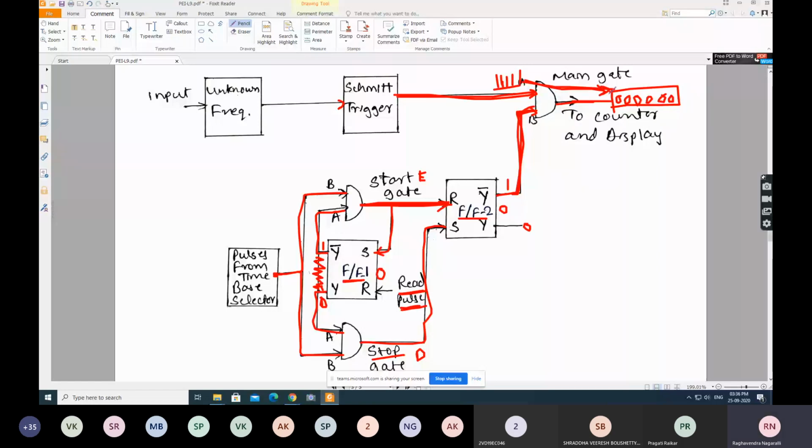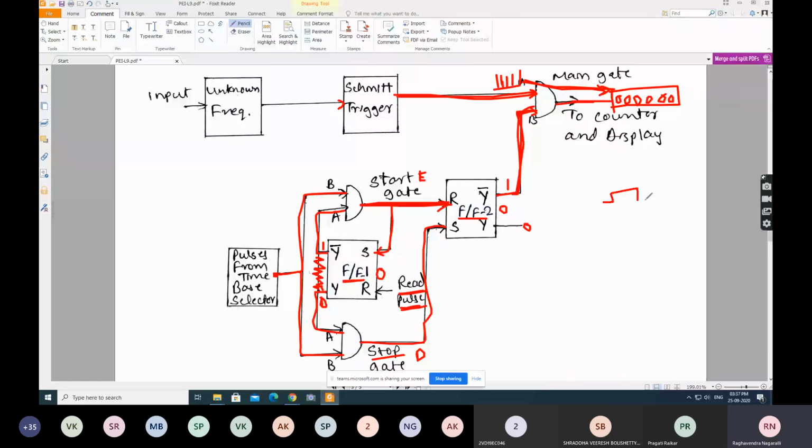Okay, have you understood up to this point? So now the counter starts counting these train of pulses. How many pulses are we receiving? But we need to stop this for exactly how much time?